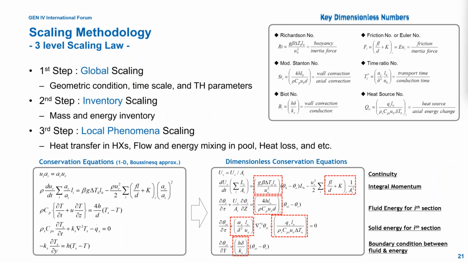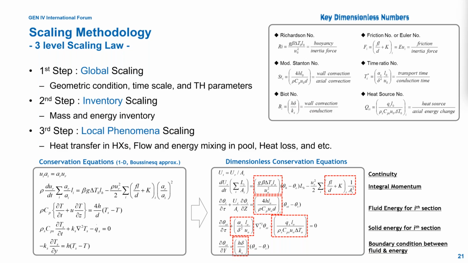So here's a simplified version of how we scale. First, we do the global scaling, which considers geometry, time, and other thermohydraulic parameters. And second is the inventory scaling, where mass and energy inventory is evaluated.